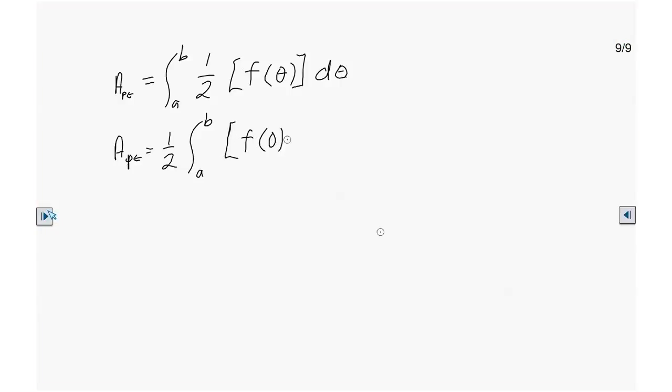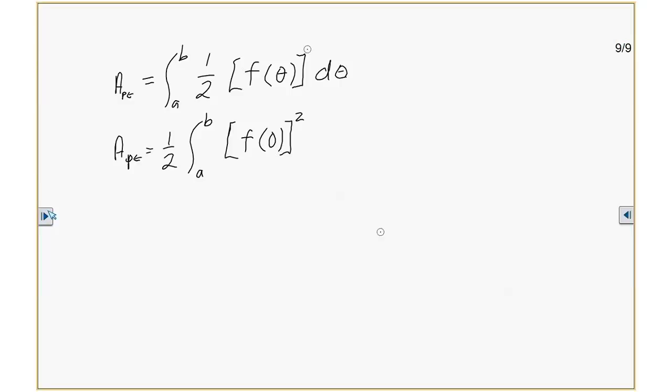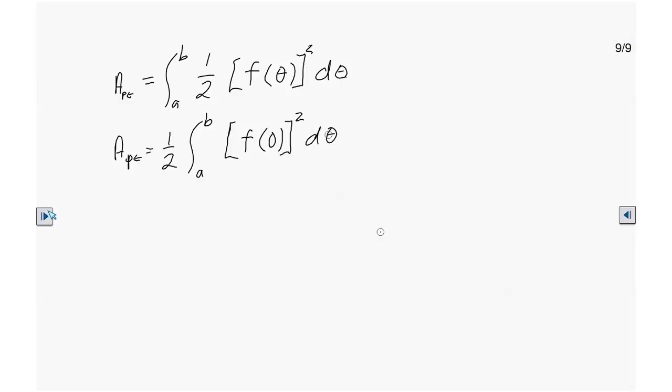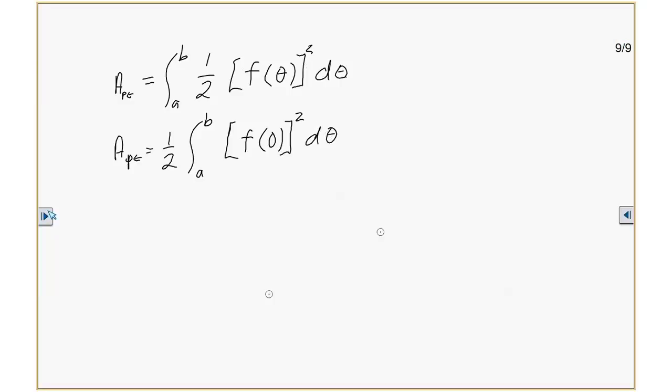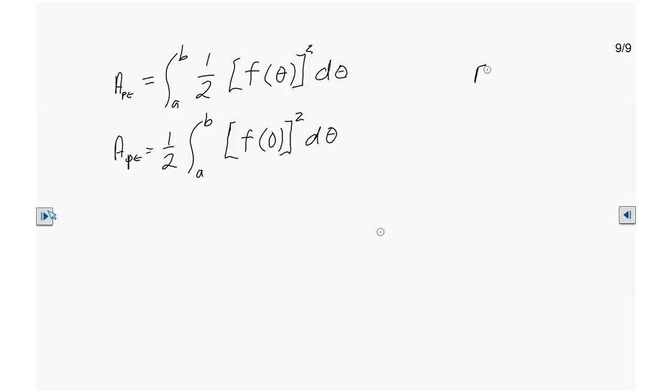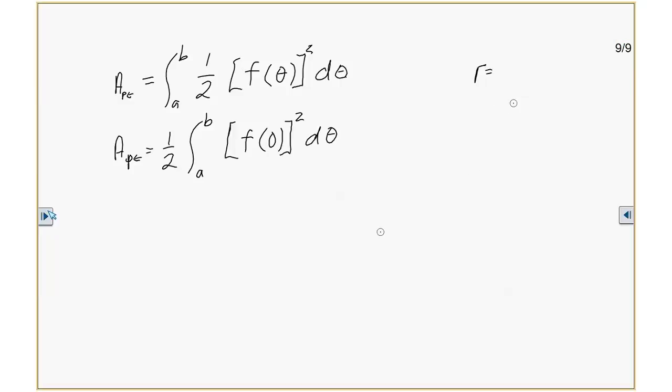I thought I said squared, didn't I? And the problem I'm going to give you is r is equal to sine of 4 theta.